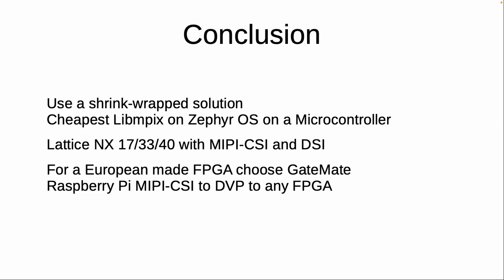If you're, say, in the European military, you're concerned about supply chains, then you definitely want to go with the European-made GateMate. And for all of these cameras, if they don't have MIPI, then you can use the Raspberry Pi MIPI CSI to digital video protocol to any FPGA.